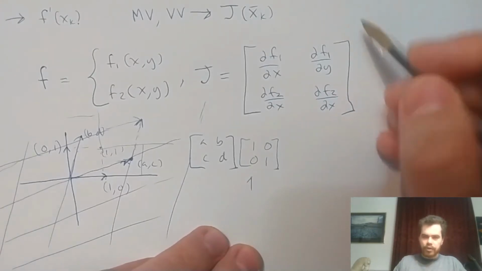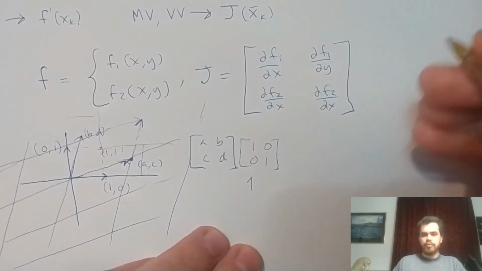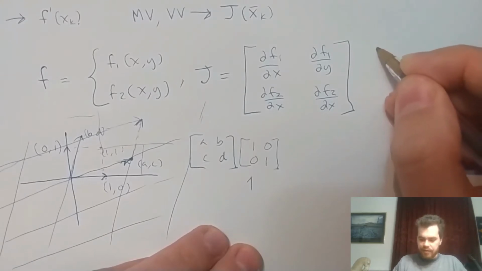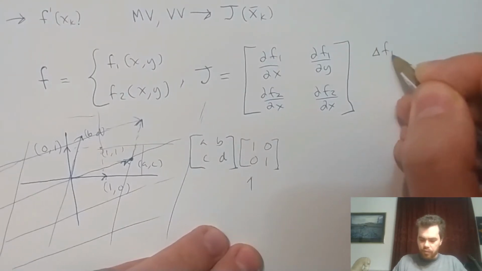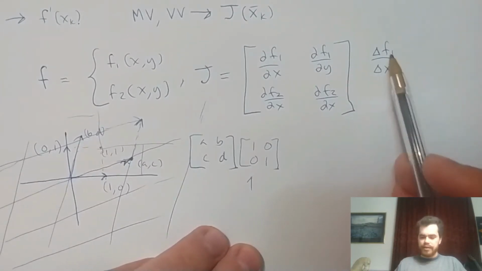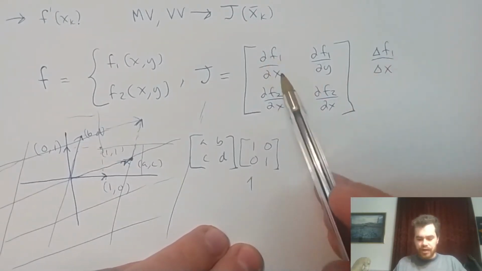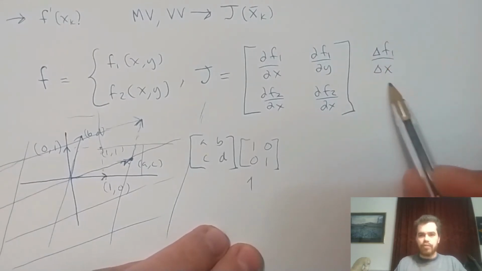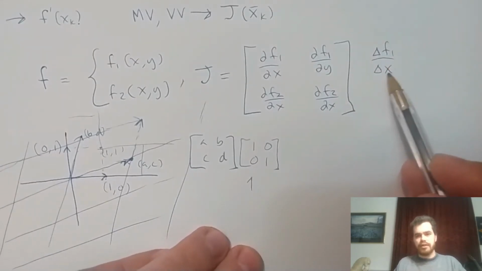You may remember that when you're taking limits, you're evaluating these derivatives. Before you take the limit, you often have things written, maybe delta f1, delta x, and these are not infinitesimal changes in f1 and x1 before we take the limit. This is just some small change in f1, and this is some small change in x1.